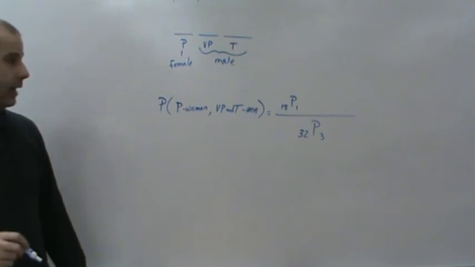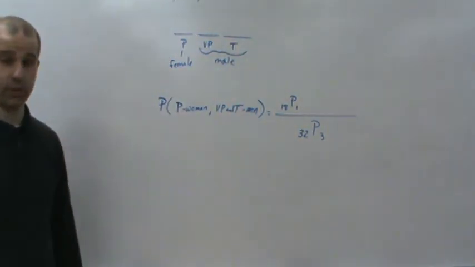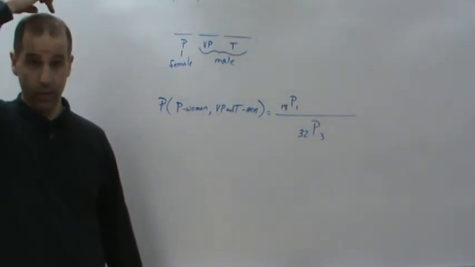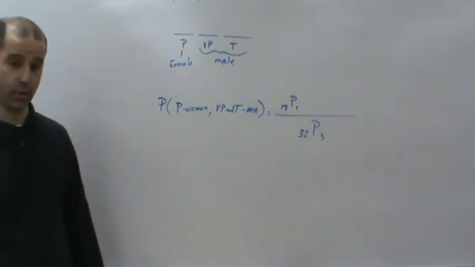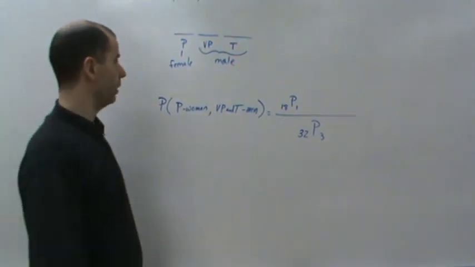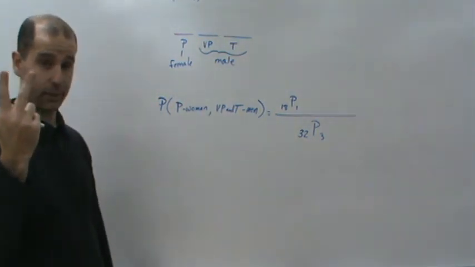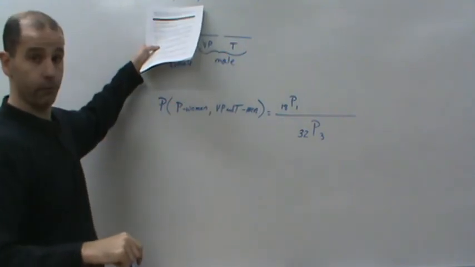Okay? Now, for the other 2 positions, how many different permutations are there for men to have men as vice president and treasurer? Well, how many positions do I have to choose from? 2. That's how many positions I need to fill. How many men do I get to choose from? 14.